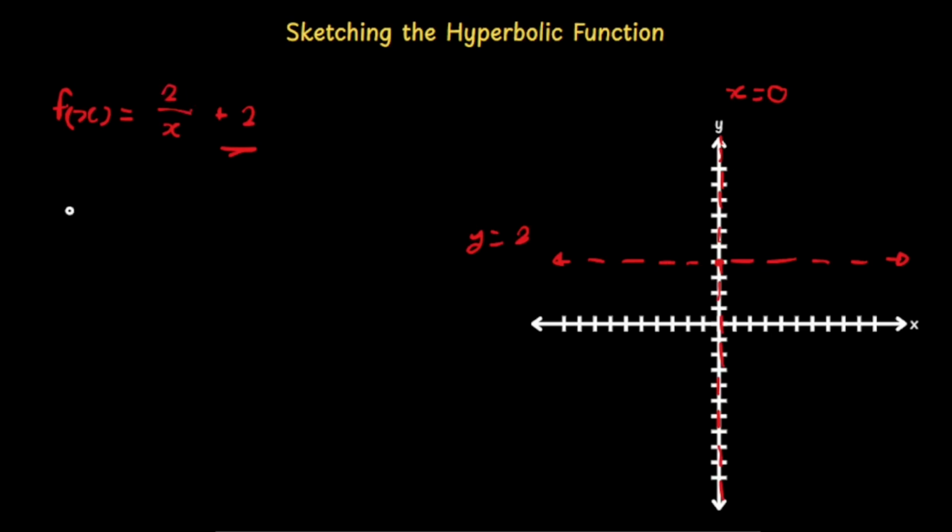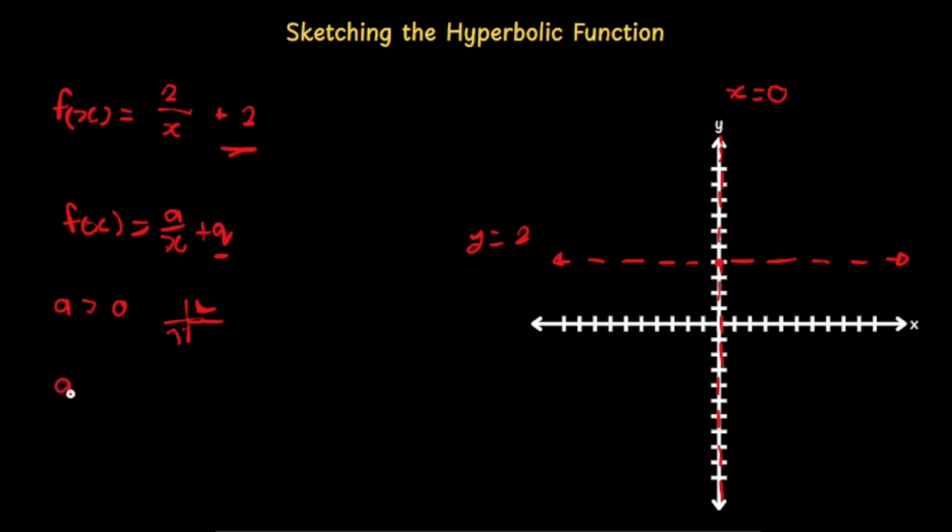So using the standard equation, which is f of x is equal to a over x plus q, we use the q value to obtain our horizontal asymptote, and now we are going to use the a value to obtain the shape. Now let's see if we remember this correctly. When a is positive, a is greater than 0, the function would lie in the first and the third quadrant.